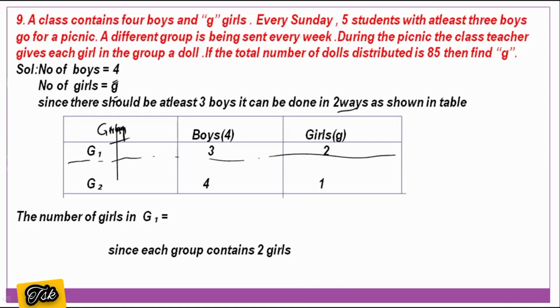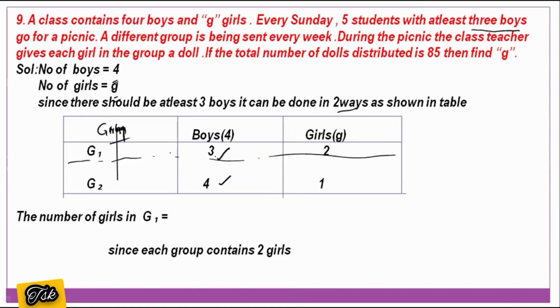During the picnic, the class teacher will give each girl in the group a doll. So at least 3 boys must be taken to the picnic. At least 3 boys means the possibilities are 3 boys and 4 boys.